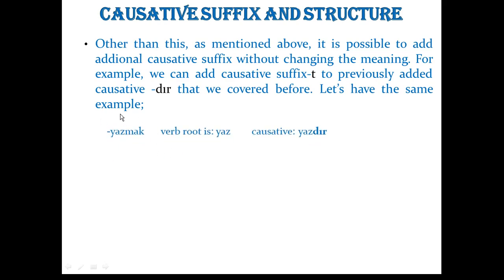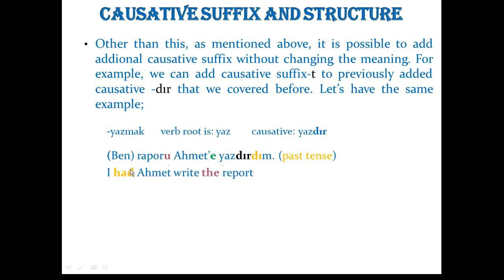The first sample verb was yazmak, verb root is yaz, and causative was yazdır, because of the first rule requiring dir for all monosyllabic and polysyllabic verb roots except for exceptions. Ben raporu Ahmet'e yazdırdım. Past tense. I had Ahmet write the report.